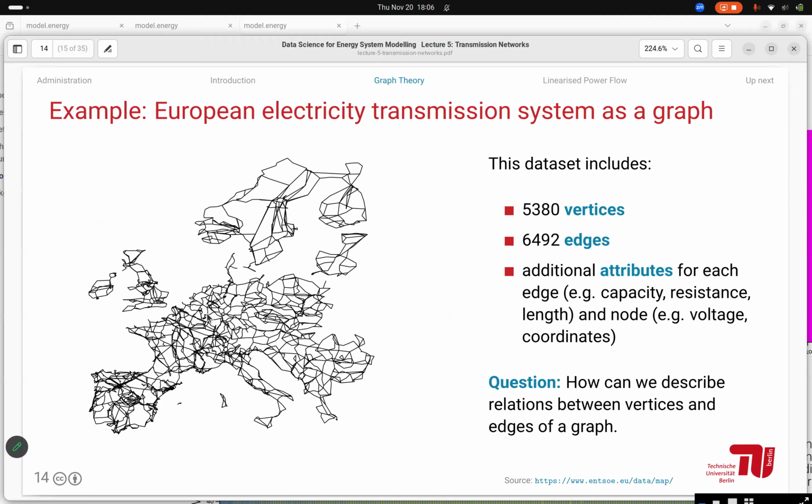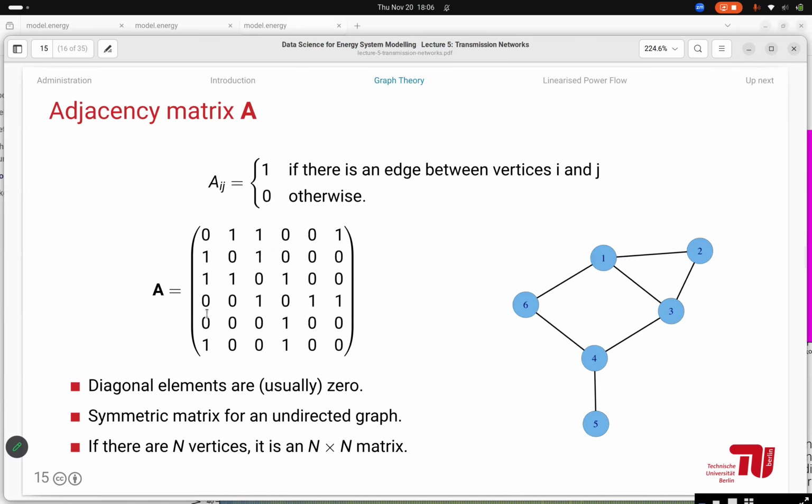For calculating the power flows, we need to find out what the relations between the vertices and the edges of a graph are, and we need to work with a few matrices, the so-called adjacency matrix, for example, that just tells us which vertices are adjacent to another vertex.